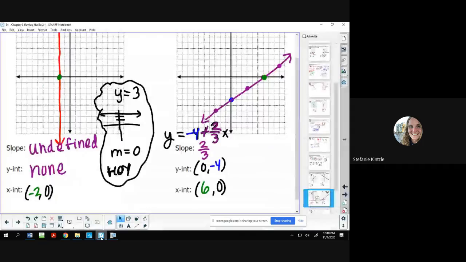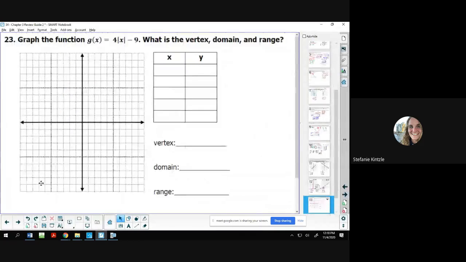Actually, let me talk about this one before we use the calculator. How do we start these problems? Find the vertex. Yep. Let's start by finding the vertex. So take the inside of your absolute value symbols, which is x, and set it equal to 0.